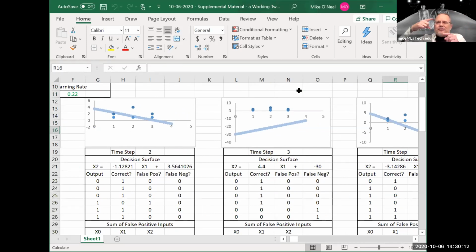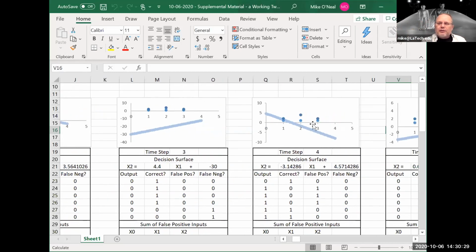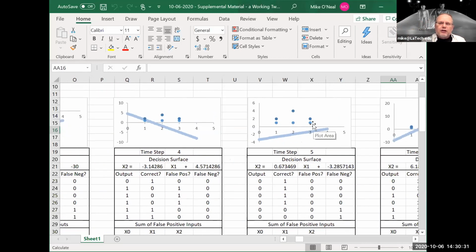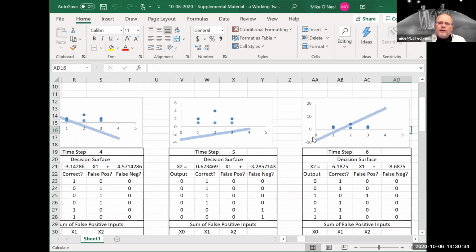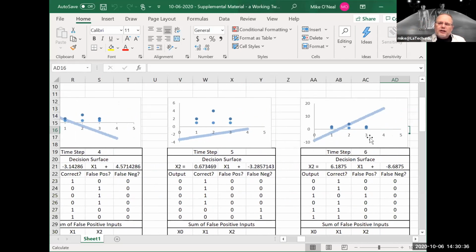Basically what I've done is I've taken the loop and unwound it so you can see the calculations at each pass through the loop, okay? And so here's where the decision surface is. It's way below on step 3, and then it moves to here on step 4, and then it moves to here on step 5, still way too low, and then it moves to here on step 6.